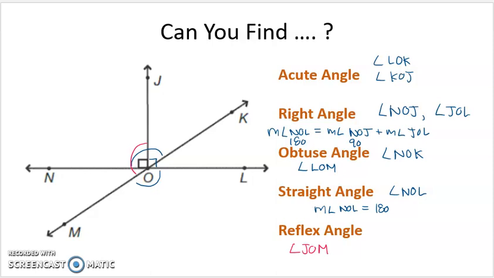But what I want to talk about for the reflex angle is this portion right here. So angle JOM, at least this portion of angle JOM, since it's greater than 180 degrees, between 180 and 360, that portion of JOM would be a reflex angle.